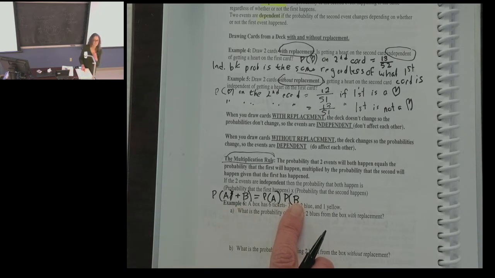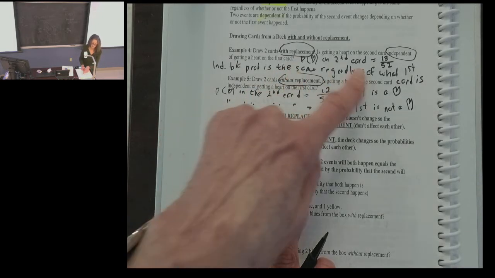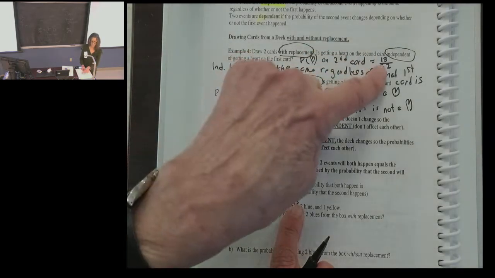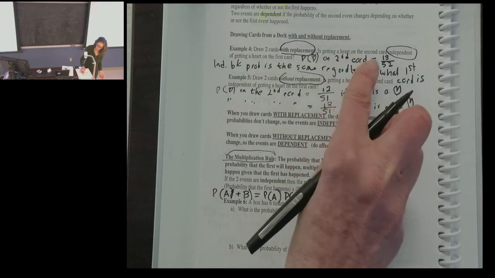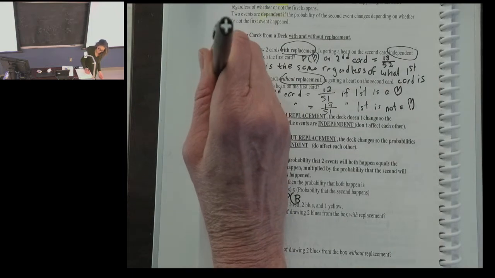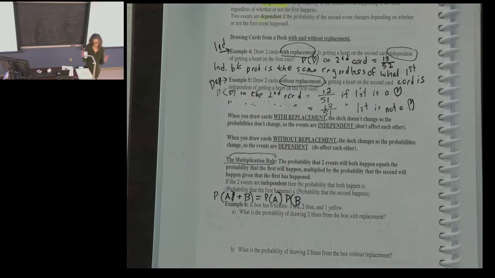We have to think about whether it changed. Whereas in this case, we didn't. We could just say the probability of getting two hearts is 13 out of 52 times 13 out of 52. But in the case where they're dependent, right here, without replacement, this is dependent, and this is independent.